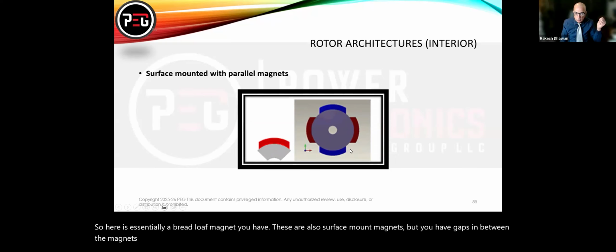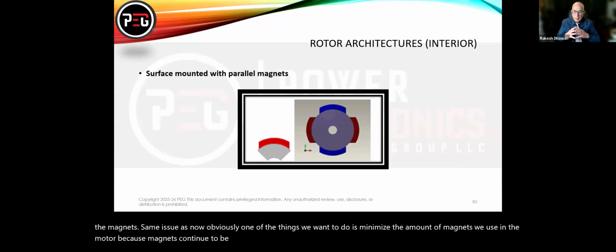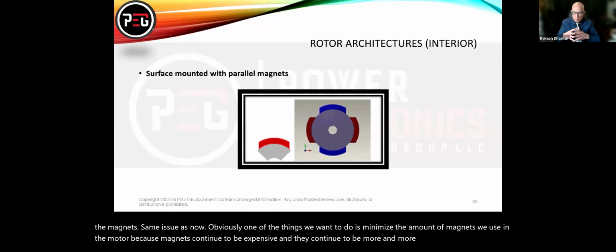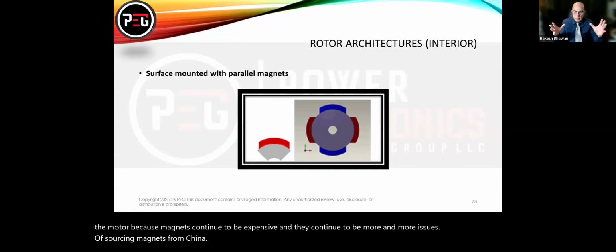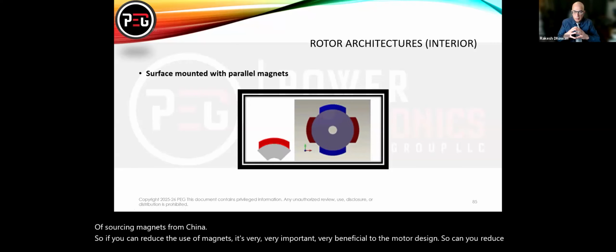Same issue as before. Obviously, one of the things we want to do is minimize the amount of magnets we use in the motor because magnets continue to be expensive, and there continue to be more and more issues of sourcing magnets from China. So if we can reduce the use of magnets, it's very beneficial to the motor design. So can you reduce your magnet usage in the motor?